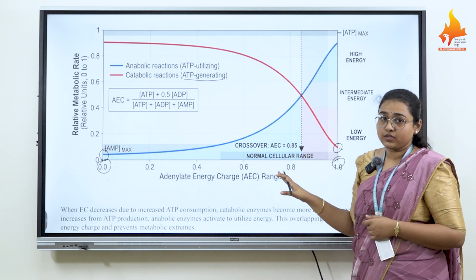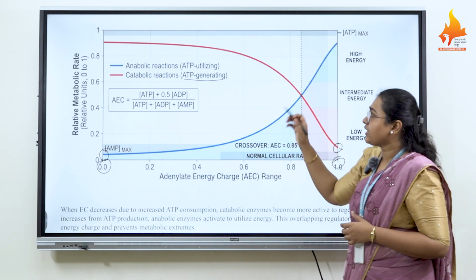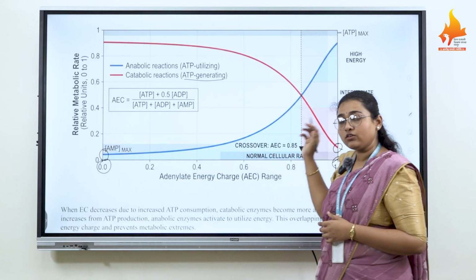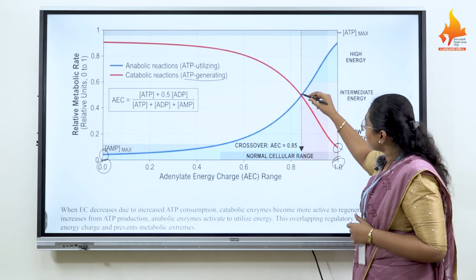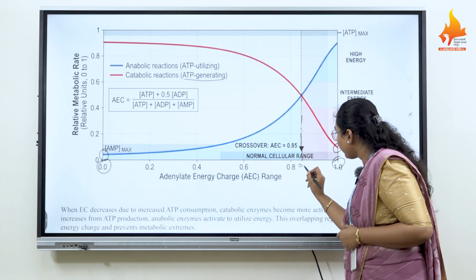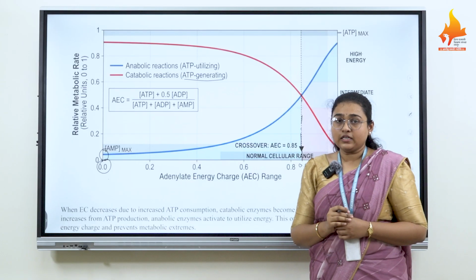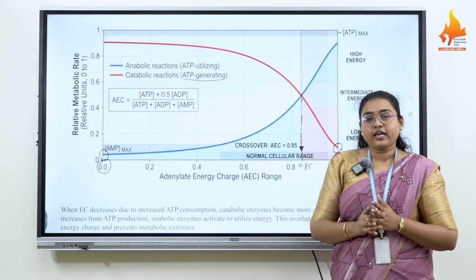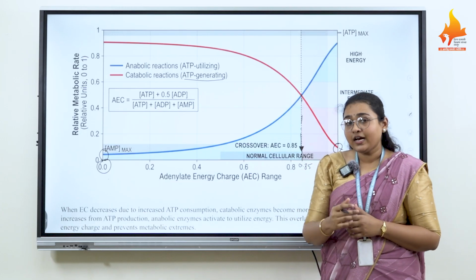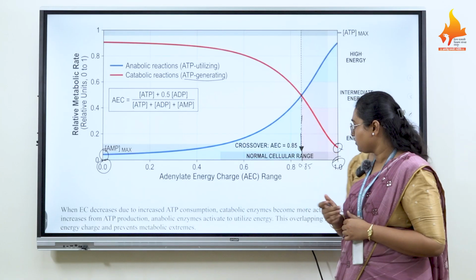In this graphical representation, there is a crossover, an intersection between the rate of catabolic reaction and the rate of anabolic reaction, which is represented at this point, which is 0.85. This is the crossover between the anabolic reaction and the catabolic reaction regarding the AEC, the adenylate energy charge.